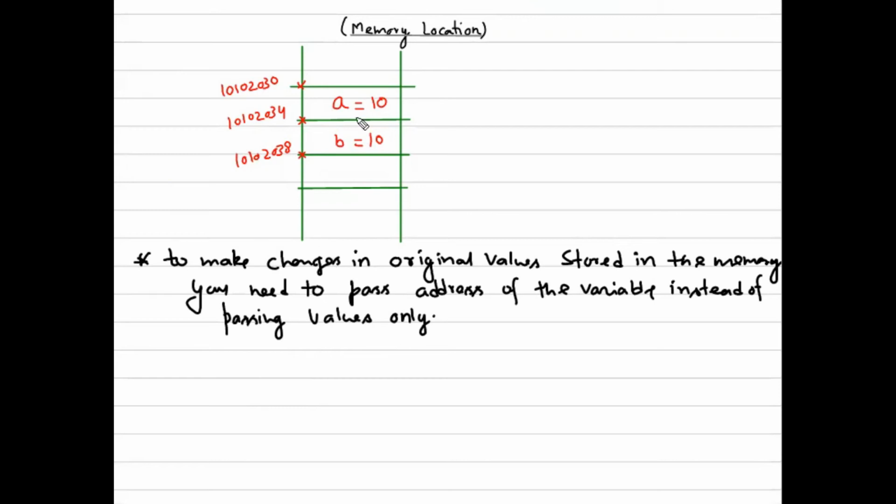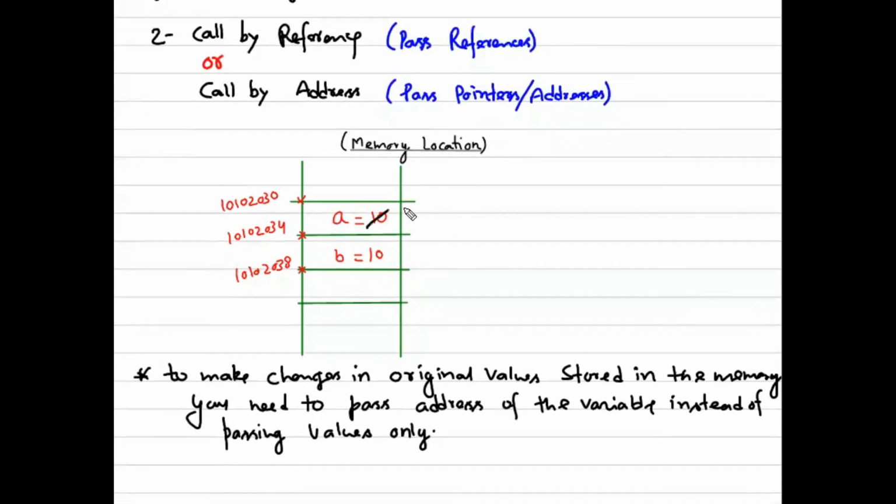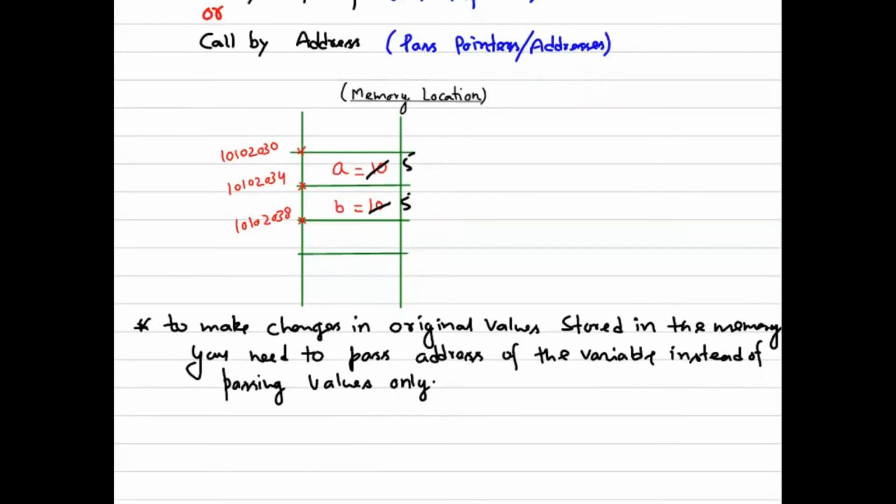If I want to make it 5 at the original value, then, as this definition says, I need to pass the address of the variable. Pay a little focus on this part: pass the address of the variables instead of passing values only.